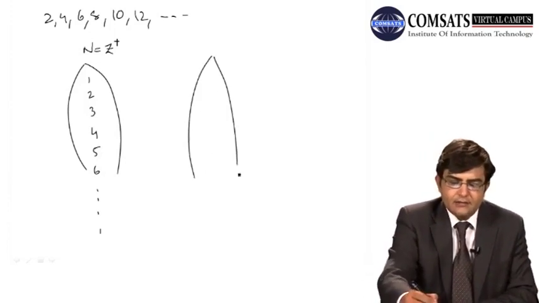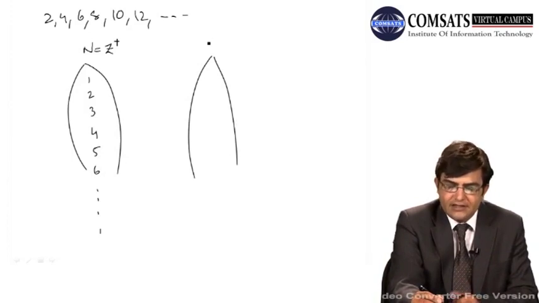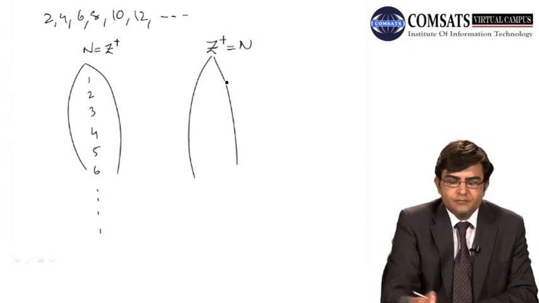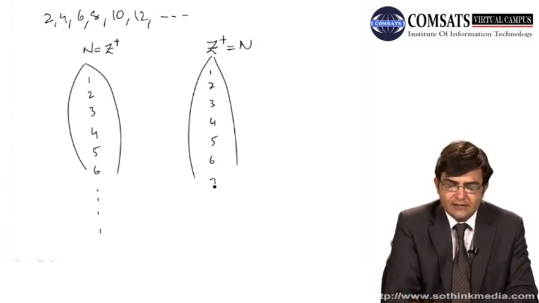And the second set is again the set of positive integers, the set of natural numbers. Then here we again have 1, 2, 3, 4, 5, 6, 7, 8, 9, 10 and so on.